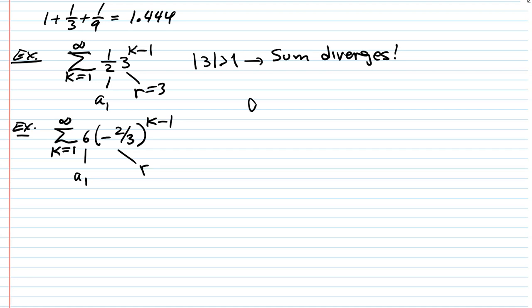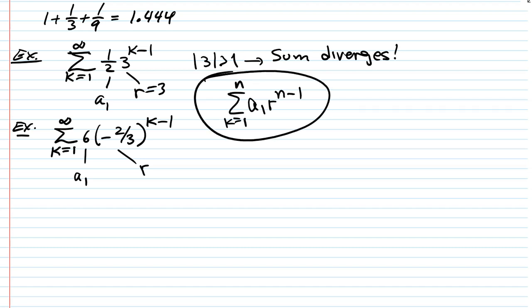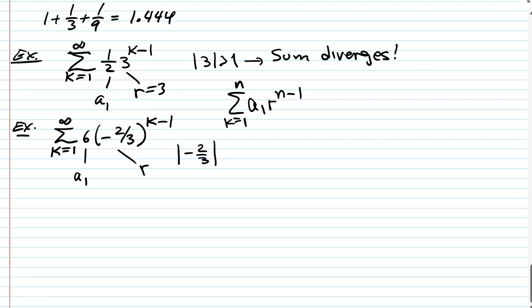And again, the reason is because I'm matching it against this form. This is the nth term of a geometric series against that. So for this one, the absolute value of negative 2/3, see, r can be negative, and it is in this case, is 2/3, which is less than 1, therefore the sum converges.